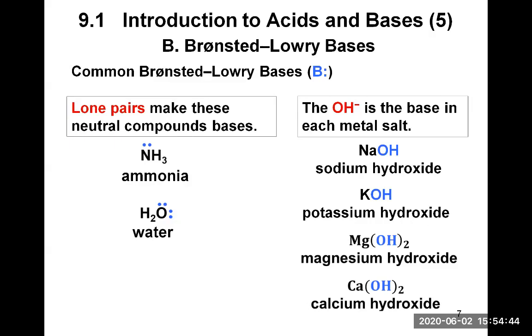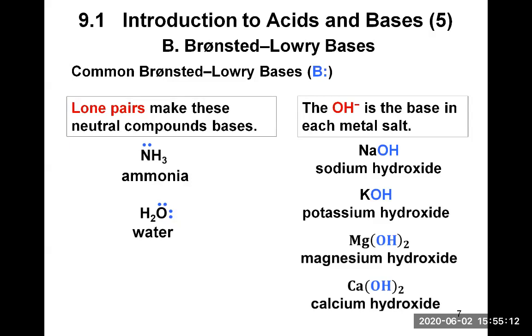The hydroxide ion can be combined with any kind of alkali metal or alkaline earth metal. From group 1A, the alkali metals, sodium, potassium, lithium, rubidium, cesium, when they are bonded with OH-, they make bases.